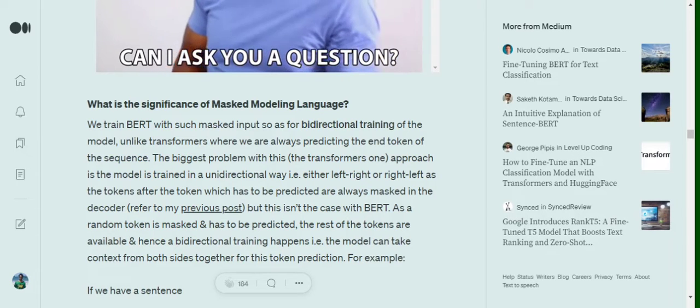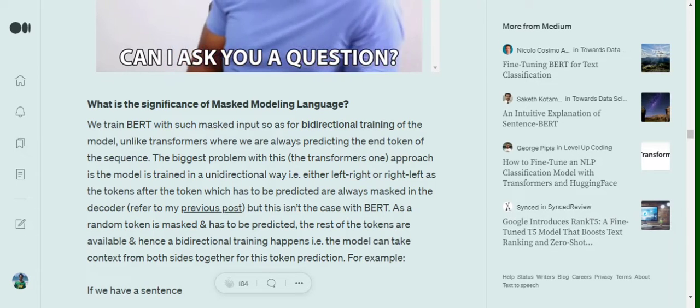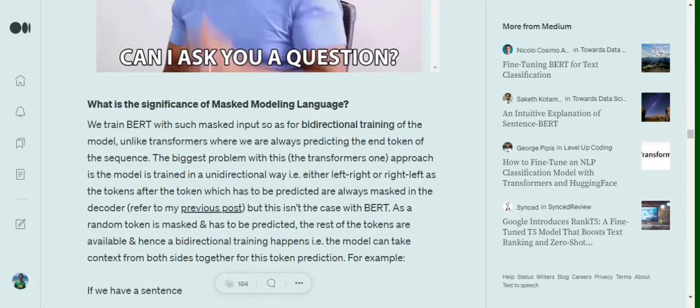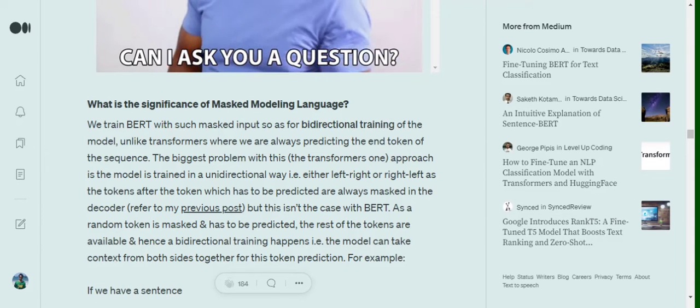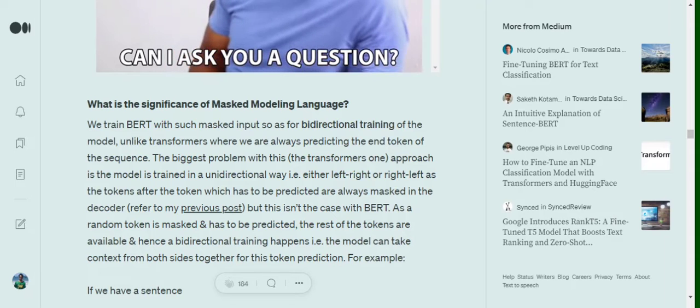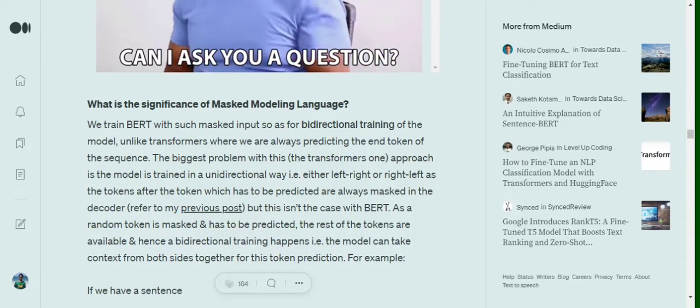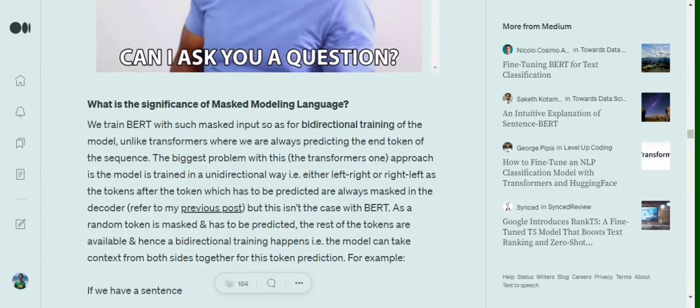But in case of BERT, we are training the model by masking certain tokens randomly. So in that case, we also know which tokens are present ahead of the token and which tokens are present behind that token. In this case, the model is able to learn from both directions. But in case of a transformer, which is a unidirectional training model, we mask out the future tokens that the model hasn't seen.